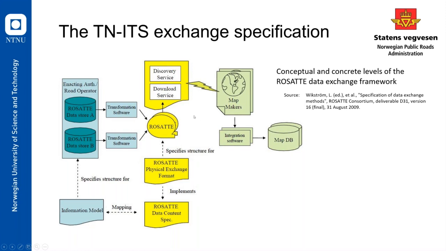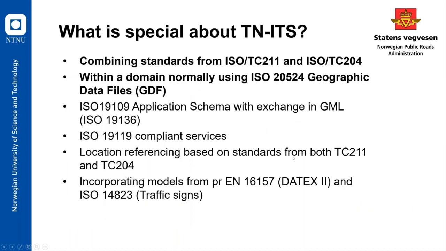So what's so special about TNITS? Well, it is kind of a pilot project, or what you should call it, for combining standards from ISO TC211 and ISO TC204. We have a joint work now between the two technical committees.